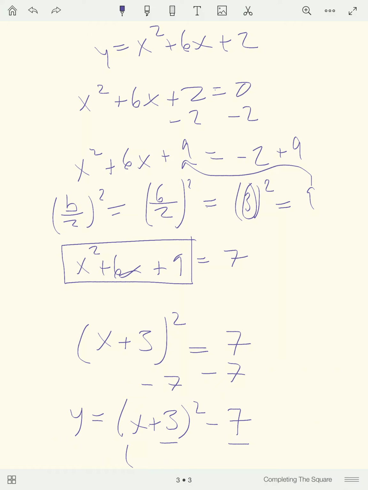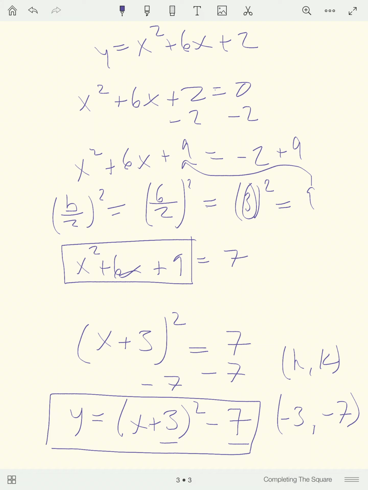So our vertex point here, if we know that it is positive h comma k, will end up being negative 3 because we've changed the sign, and negative 7 because there's no need to change the sign for the k. So that's our vertex point there. And if our instructions were simply to complete the square, this right here would be our answer.